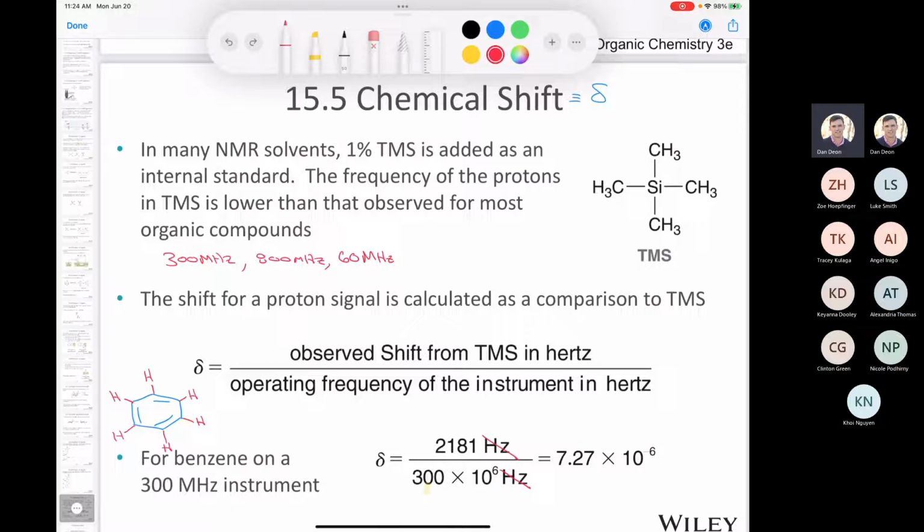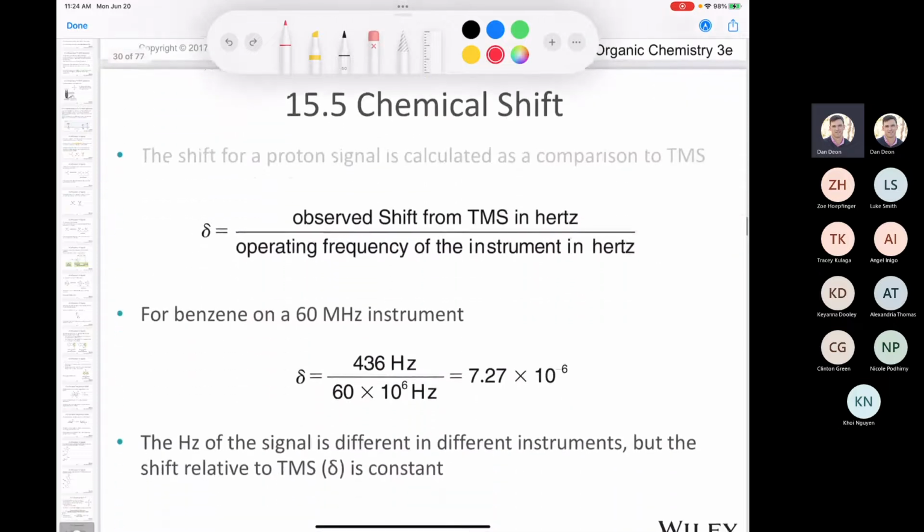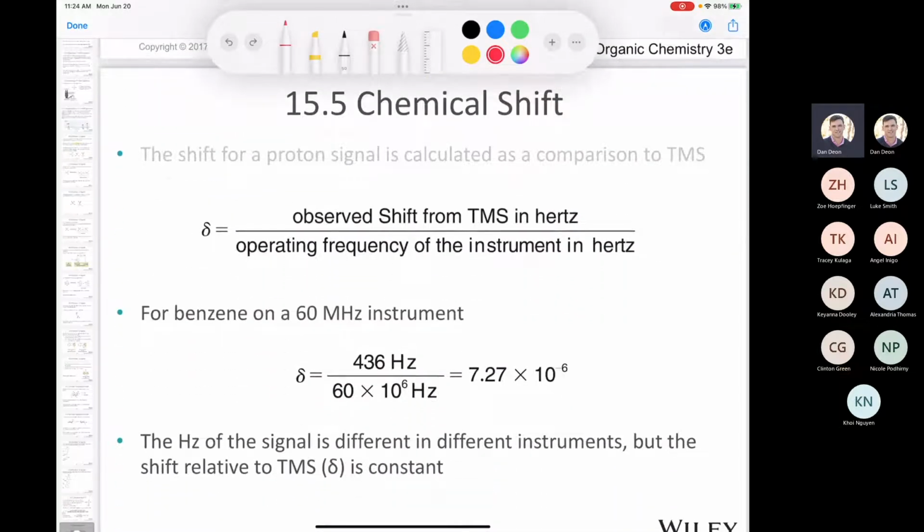However, since we always divide by the operating frequency of the instrument in hertz, we always end up with the same chemical shift for the same protons, no matter the spectrometer we run it on. Let me show you the math if we were to run an NMR spectrum on benzene in a 60 megahertz instrument.